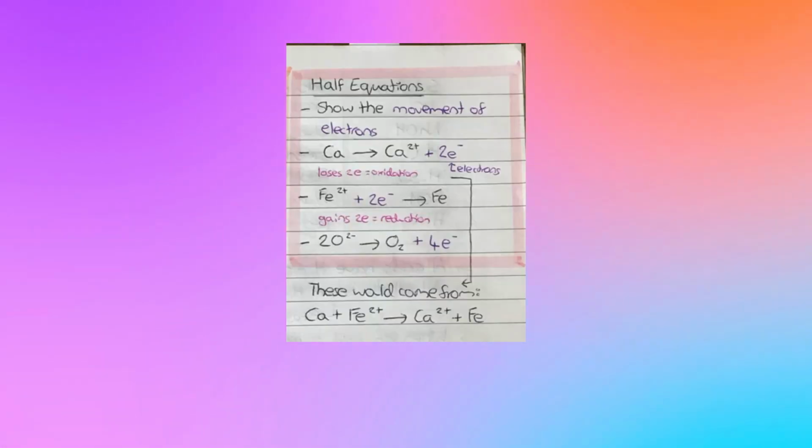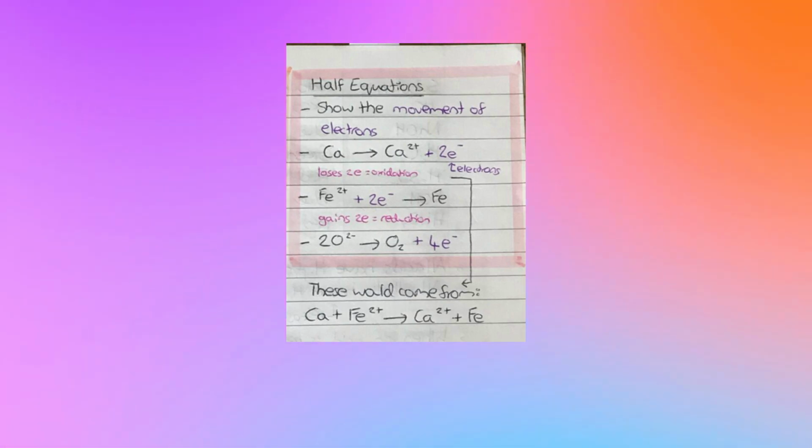Half equations. Half equations show the movement of electrons. So, for example, if calcium is displacing iron, we have the reaction Ca plus Fe2+ makes Ca2+ plus Fe. Now we can see that calcium is becoming ionised, Ca making Ca2+, but we need to balance out those charges.